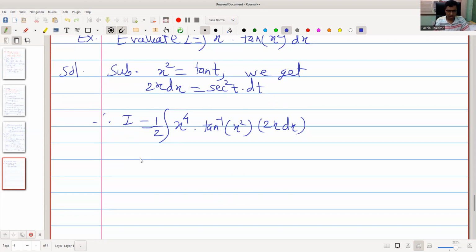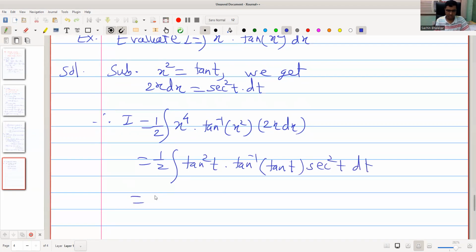Now what is x raised to 4? x raised to 4 is tan square t, into tan inverse of x square, where x square is tan t, and 2x dx is sec square t dt.